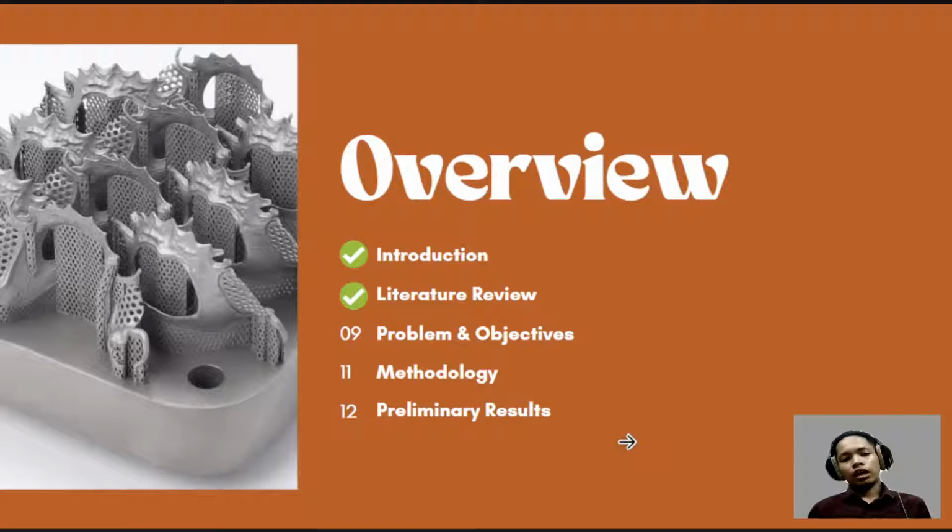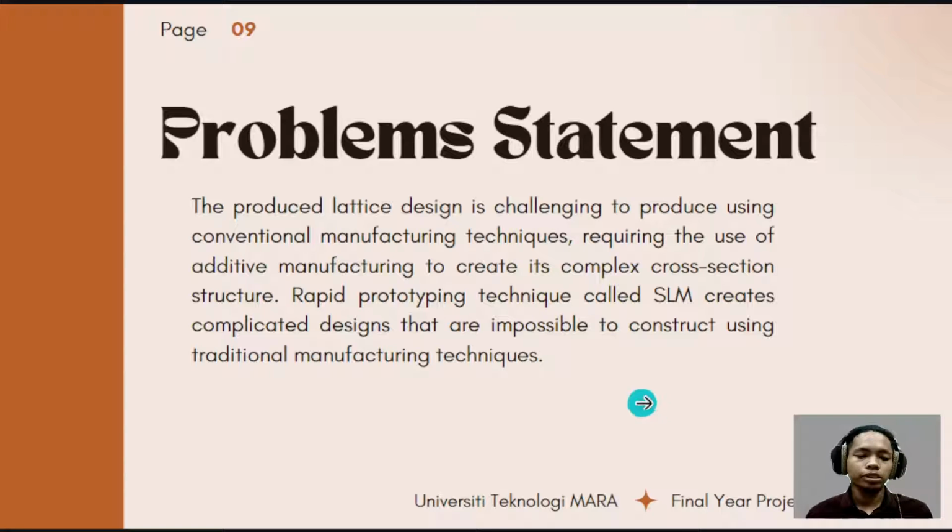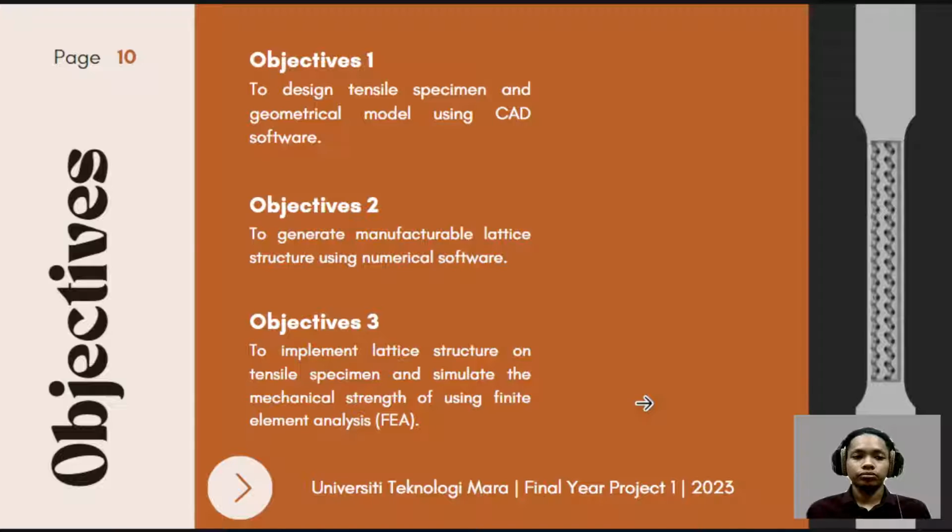Next, I will go to the problem and objective. My problem statement is that producing lattice design is challenging by conventional manufacturing technique, so it requires additive manufacturing to create its complex cross-section structure. Rapid prototyping technique called SLM creates complicated designs that are impossible to construct using traditional manufacturing technique.